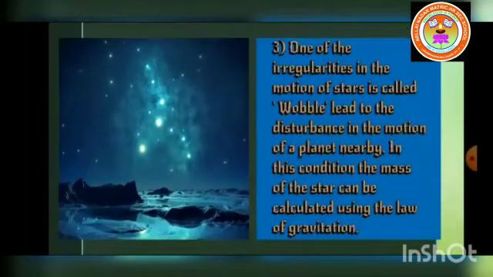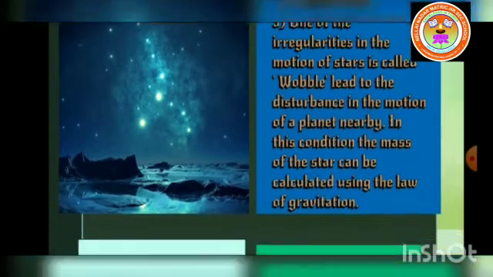Third application: one of the irregularities in the motion of stars is called wobble, which leads to disturbance in the motion of a nearby planet. In this condition, the mass of the star can be calculated using the law of gravitation.